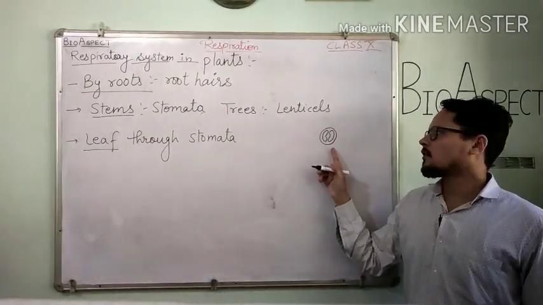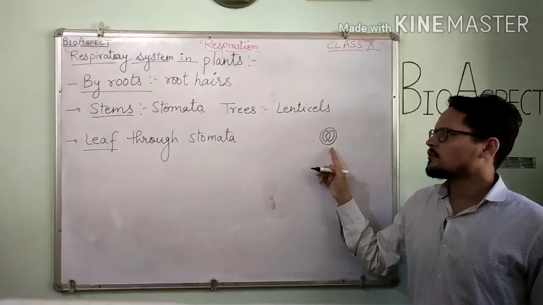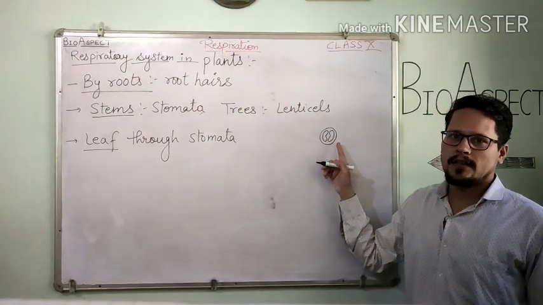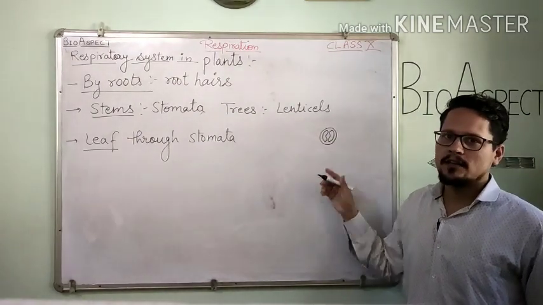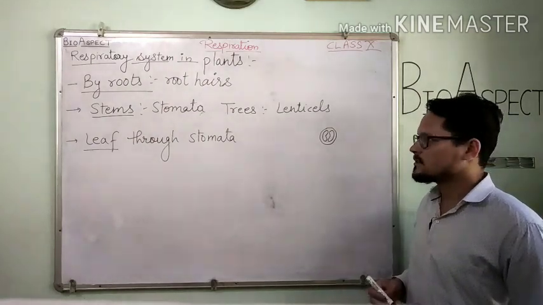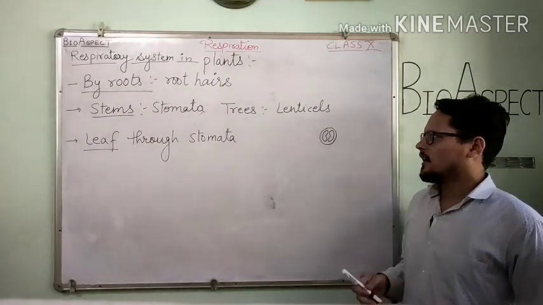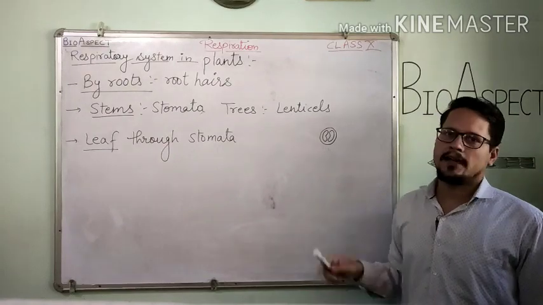This is the structure of a stomata, which is composed of two bean-shaped cells. They are called guard cells, which open and close during the daytime and are permanently closed during the night time.